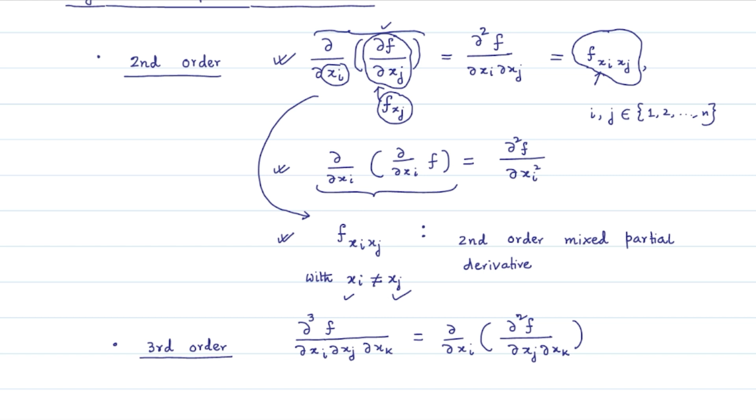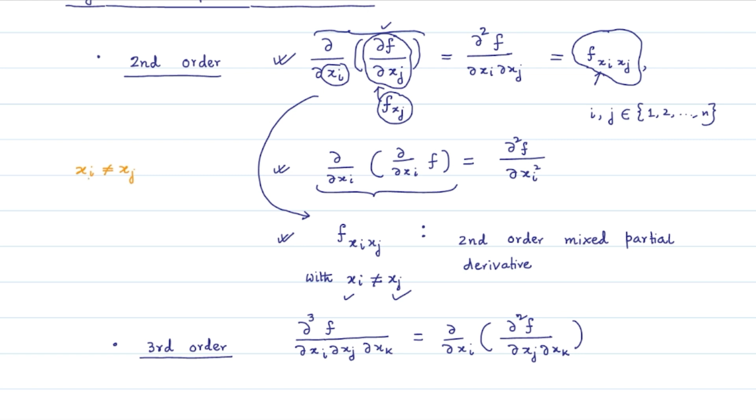Now here I would like to ask you a question. Let's suppose we are going for calculating second order mixed partial derivatives of a function of several variables. In calculating second order mixed partial derivatives, we obviously have to consider two variables, say xi and xj, that are different from each other.